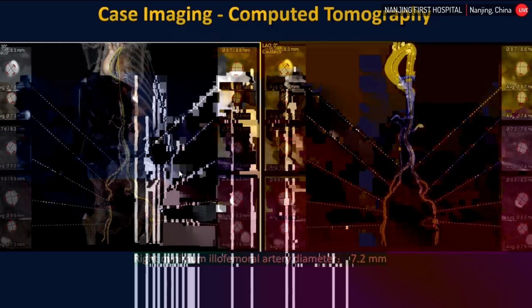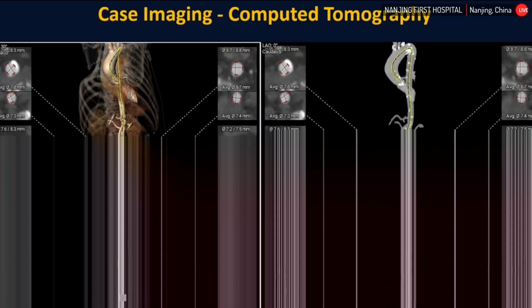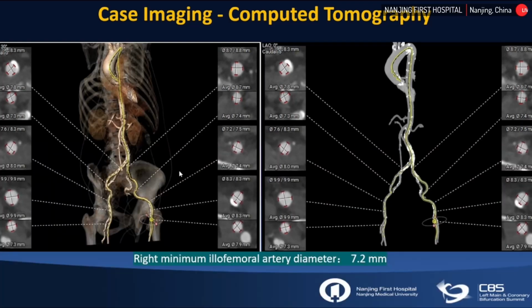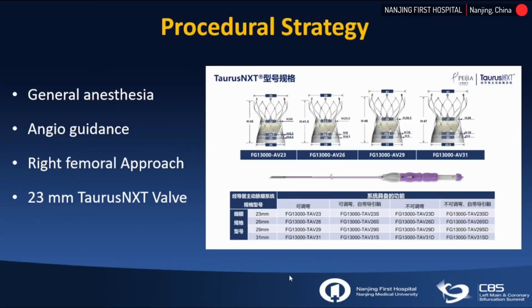In terms of peripheral artery disease, both sides of the femoral and iliac arteries are large enough, more than 7 millimeter. According to the peripheral CT scan, we decided to perform the right femoral puncture. According to the echo and the CT analysis, the decision was made to perform TAVI for this bicuspid severe aortic stenosis under general anesthesia, and considering it's a BAV case, a TEE-guided TAVI procedure.